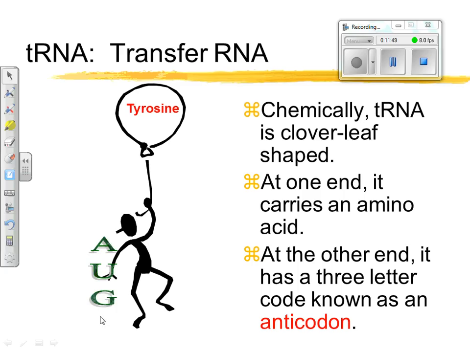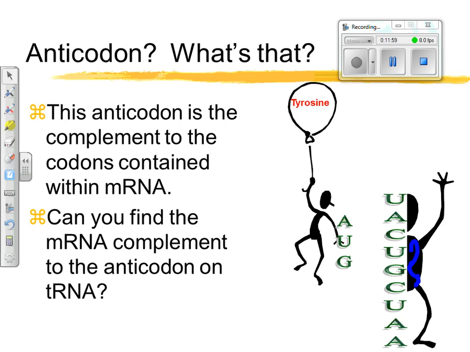Now this code is called the anticodon. Now remember, the 3-letter code on the messenger RNA is the codon. So the anticodon is the complement to the codons contained within messenger RNA. Okay, so here's messenger RNA right here.